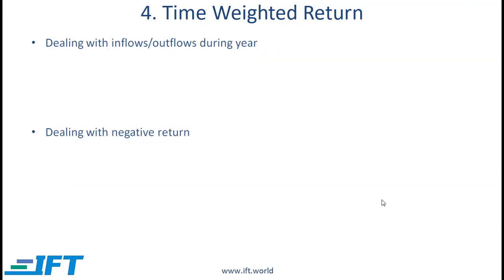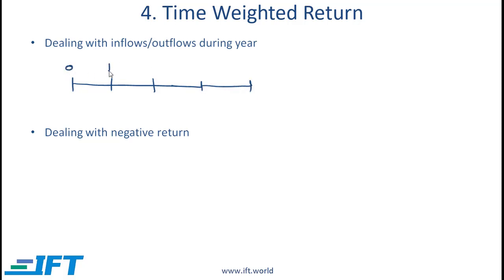10.75%. Let us look at a few subtleties related to the time-weighted return. The first one is how to deal with inflows and outflows during the year. In the example I just showed you, the inflows and outflows were happening at the end of the year. Let's say that we have inflows and outflows at the end of every quarter in a year.